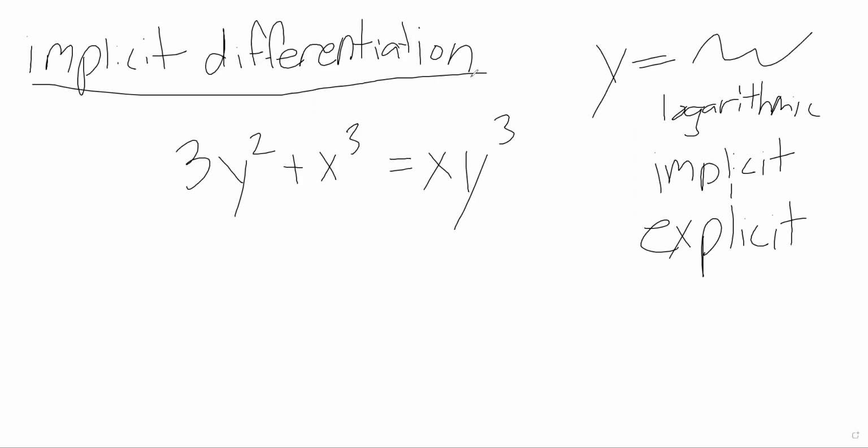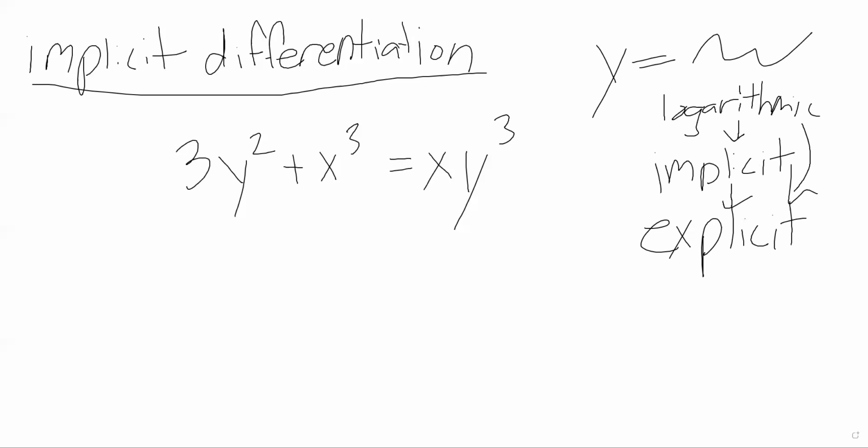Implicit can always be used to solve the explicit problems, right? But it can't always be used to solve the logarithmic problems. I'll go through what those are in a minute. But logarithmic can always be used to solve both of these. So if you're ever lacking on your explicit differentiation, you can always just learn how to implicit differentiate. That can be used for any type of problem.